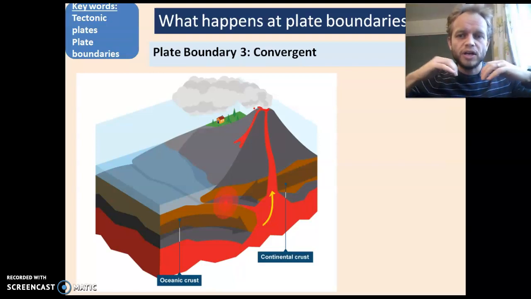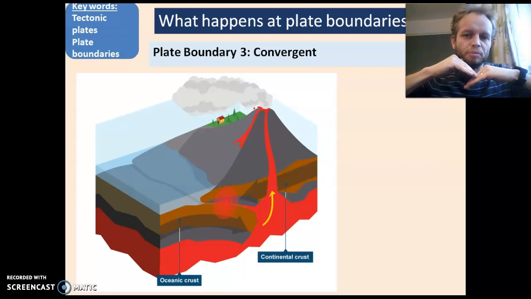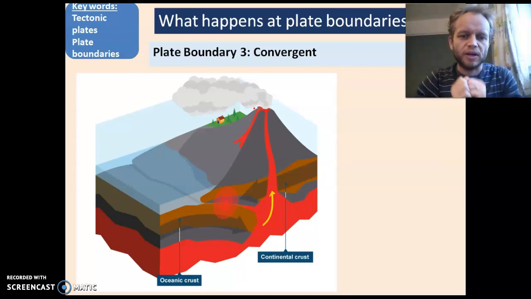The oceanic crust, as it's coming into our continental crust, gets stuck, and pressure builds up and up and up, and then eventually that pressure is released and it causes an earthquake. So on our convergent plate boundary we get violent earthquakes and violent volcanic eruptions. Alright, so again, pause the video, do a sketch of the diagram, make sure you've got the title, and write down an explanation of what's happening.